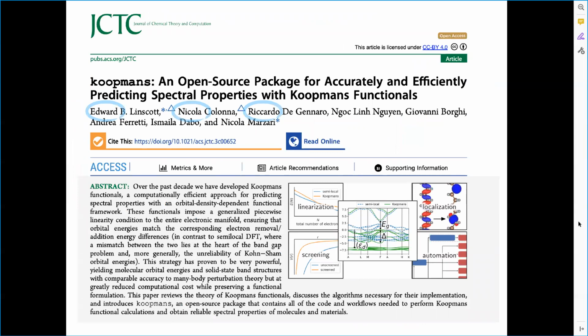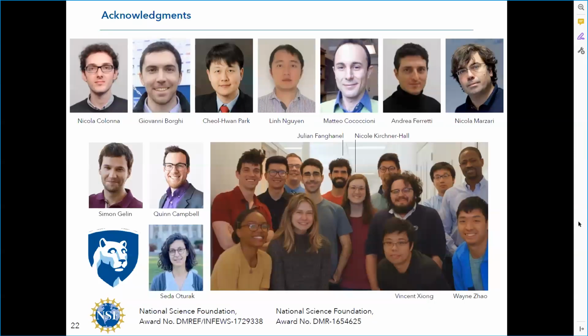So to conclude, I would like to briefly mention this recently published paper. That was really the work of Edward, Lindsay Scott, Nicola Colonna, and Ricardo. I really want to thank them, and I can really measure the effort that they put into this implementation to be able to release it to the public. I would also like to thank the students that carried out all the work.